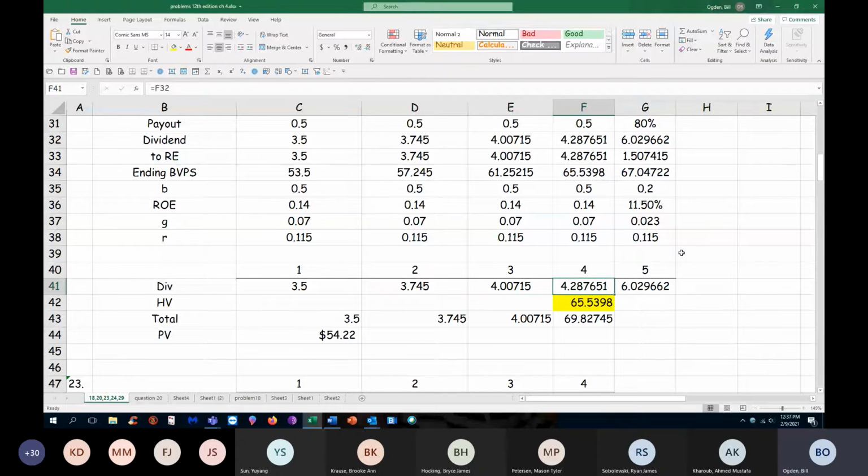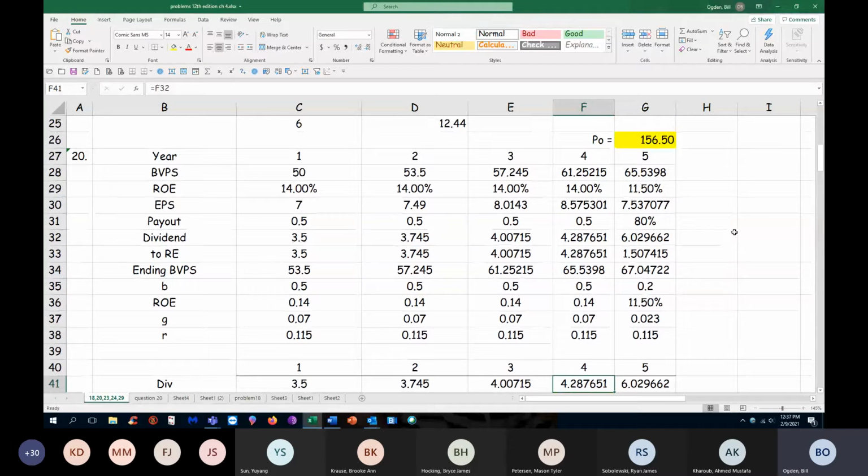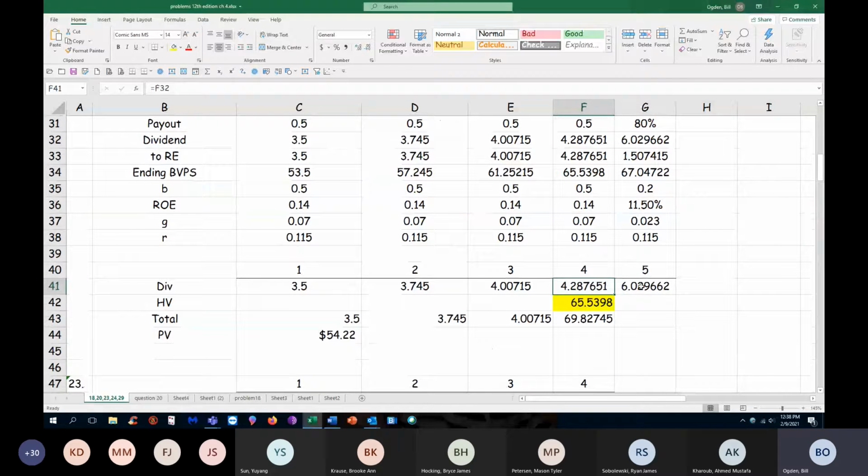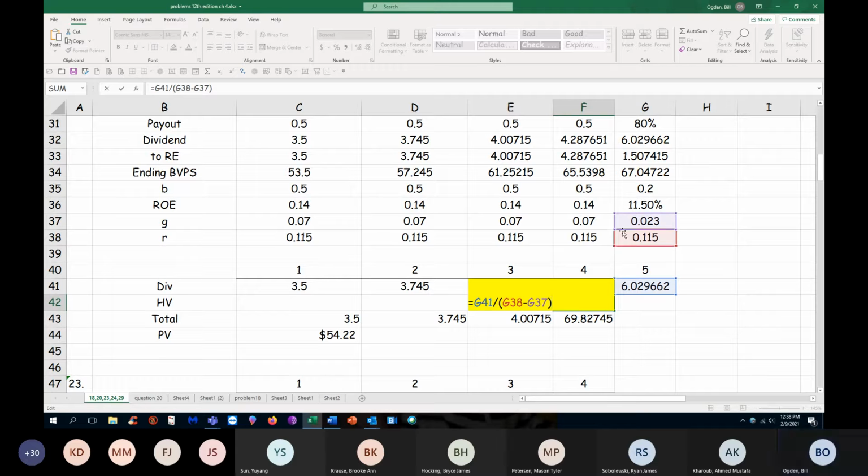I have the fourth dividend, and then we'll be taking horizon value 4, which is D5, divided by R minus G. And so we'll divide by R, 11.5%, minus G. And in this case, we are retaining only 20% of the earnings.